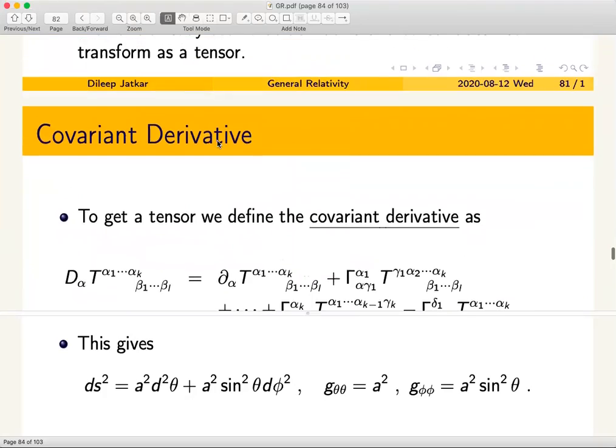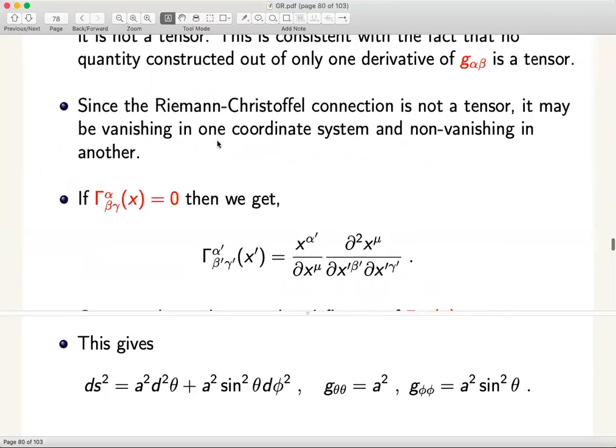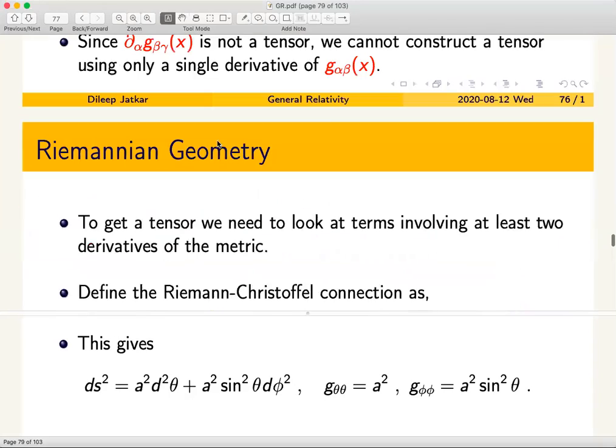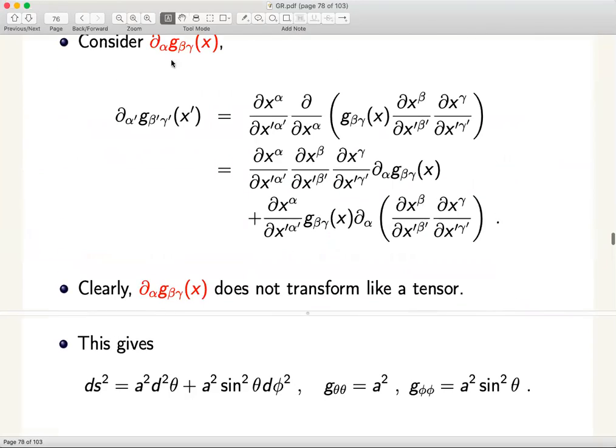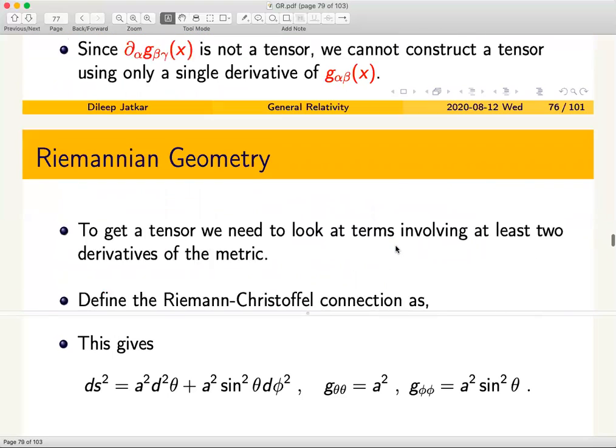So remember what we have done is this. We took a partial derivative and we found that the metric is a tensor, but the partial derivative of the metric is not a tensor. So the operation of taking a partial derivative of a tensor does not return a tensor. That's the typical transformation property.